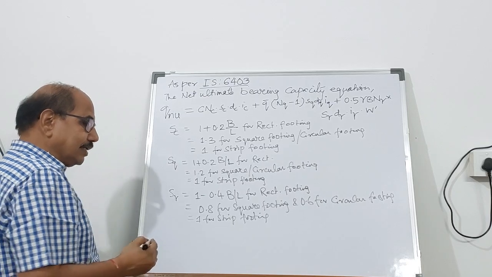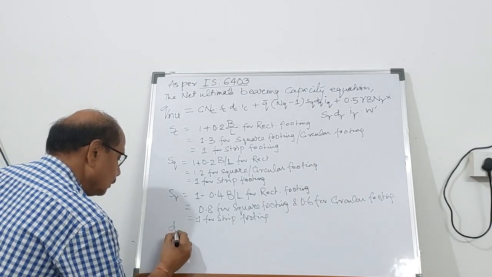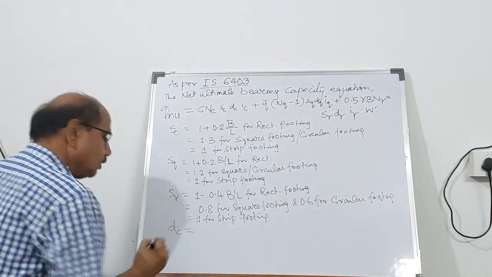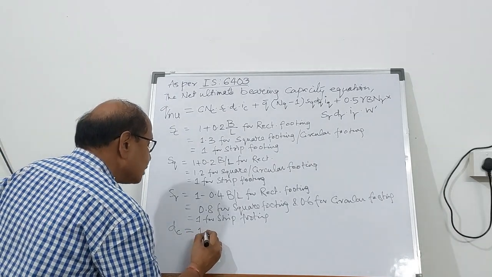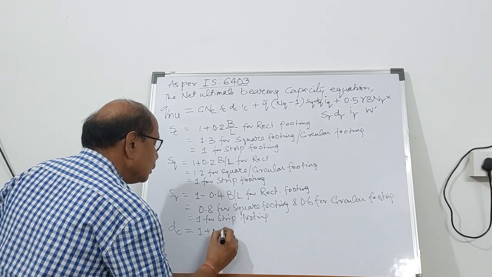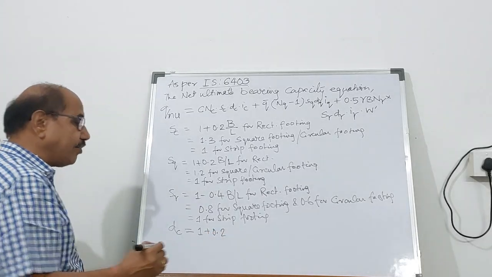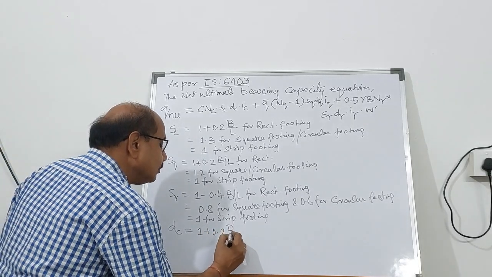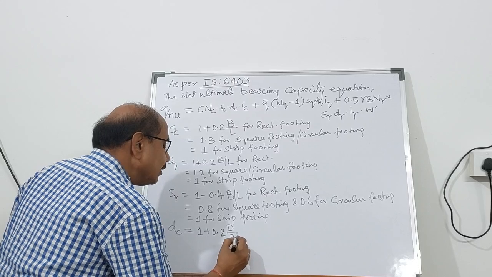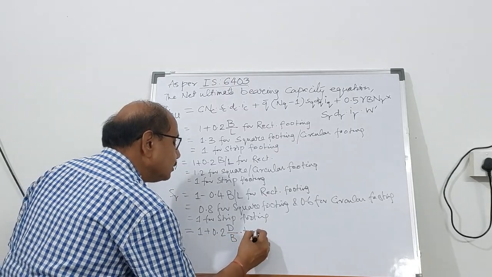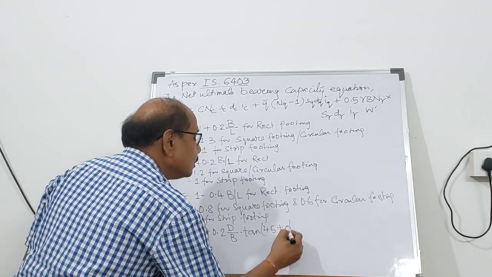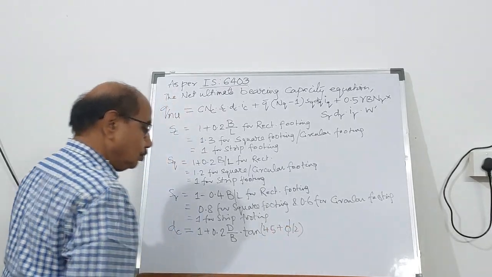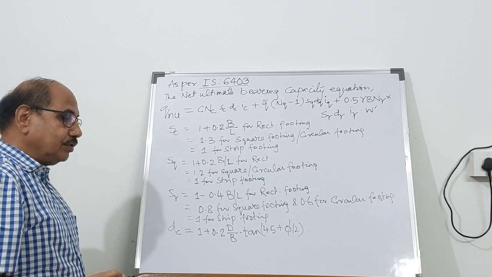The depth factor Dc, as you know, is calculated as 1 plus 0.2. It's a depth factor, so depth of the footing divided by B into tan of 45 plus phi by 2, where phi is the angle of friction.